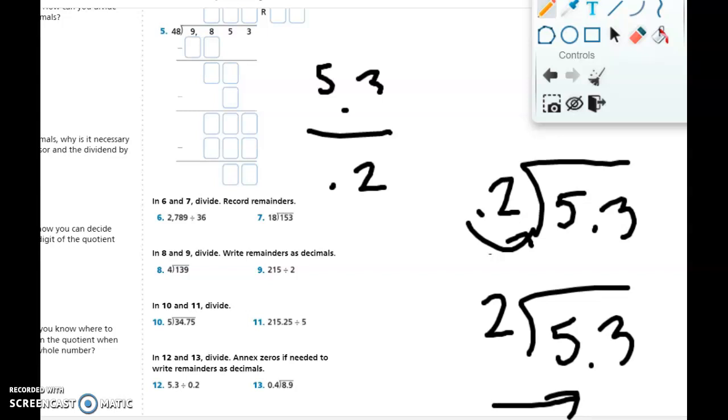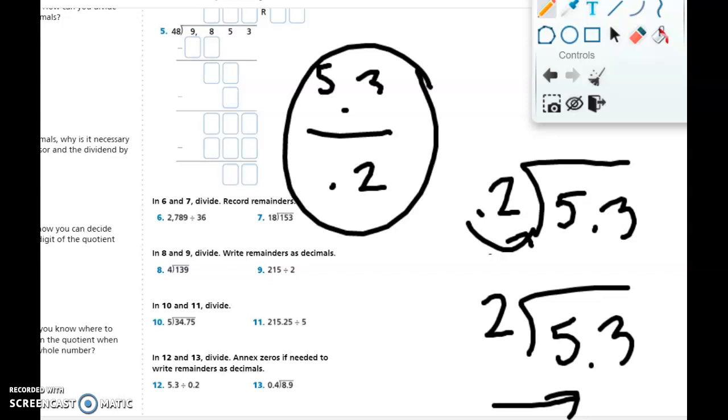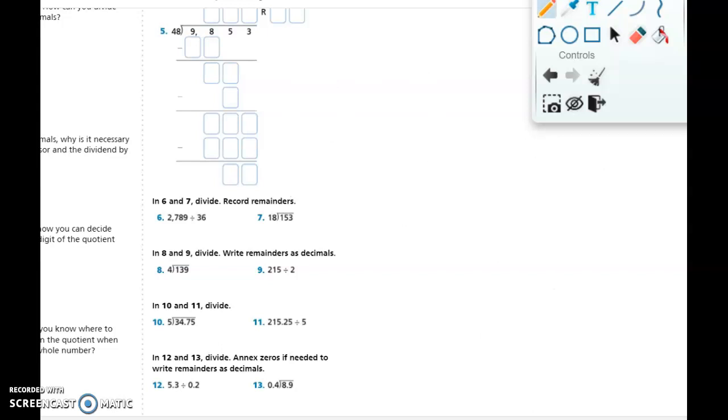So in order to keep the value of the problem the same, I have to also multiply the 5 3/10 by 10. And I end up with 53 divided by 2. And then I can divide the same way.